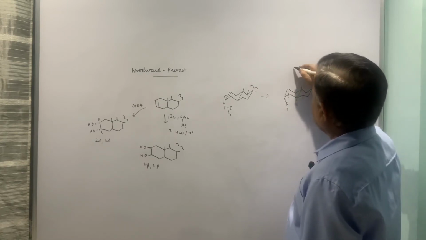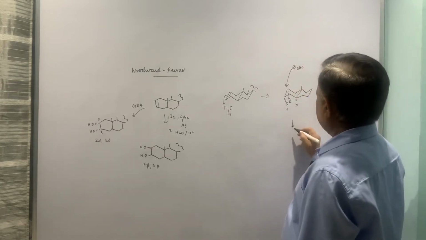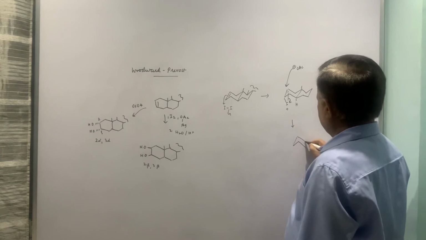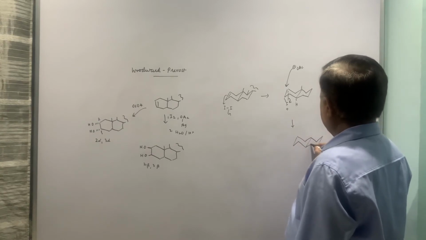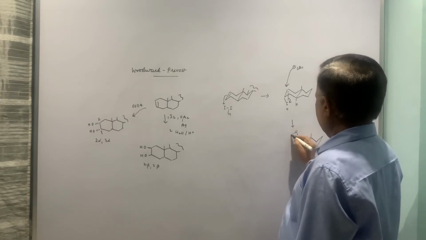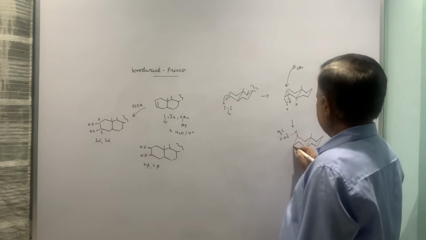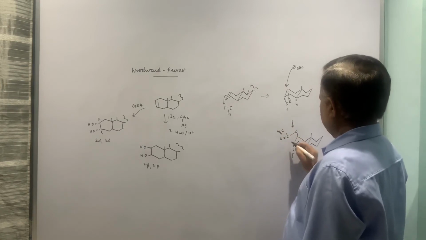Attack of OAc minus from the top. So you get the formation of O C double bond O CH3 and iodine.